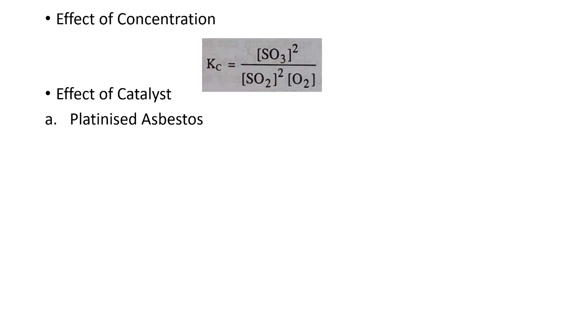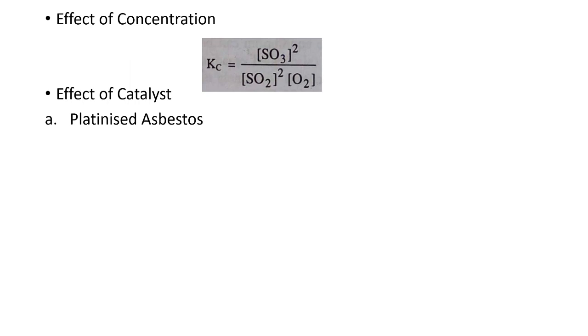Therefore the proportion is taken as 3:1, because the main reactant is SO2. SO2 has to be converted, so an excess amount of oxygen is used here.